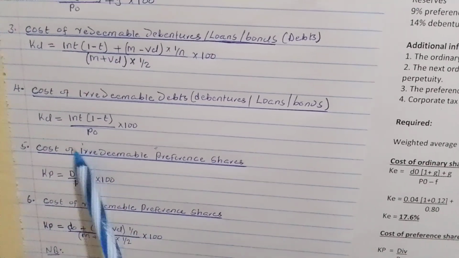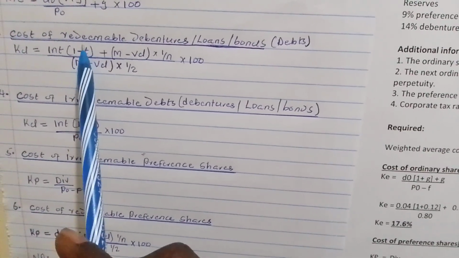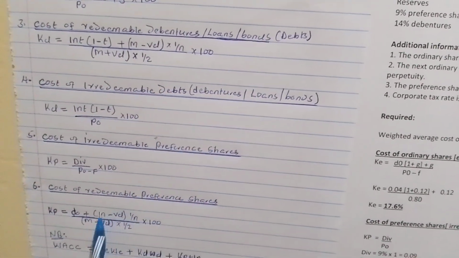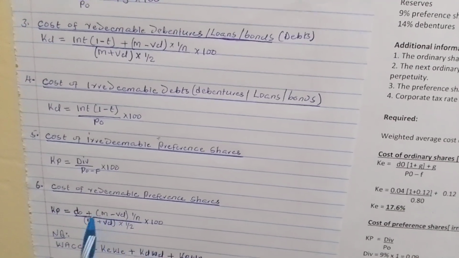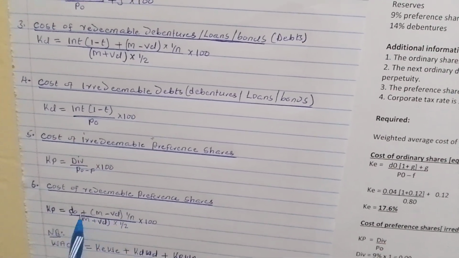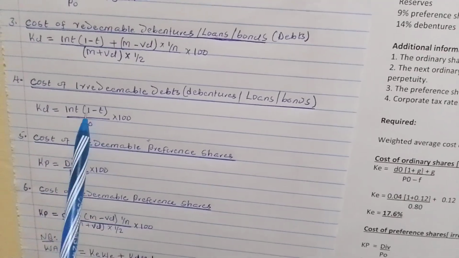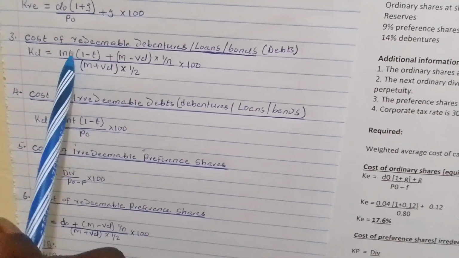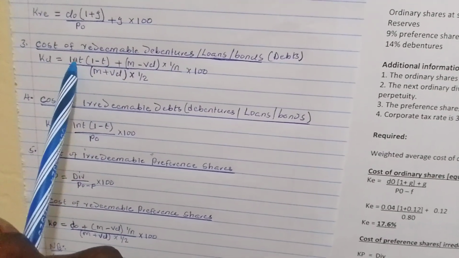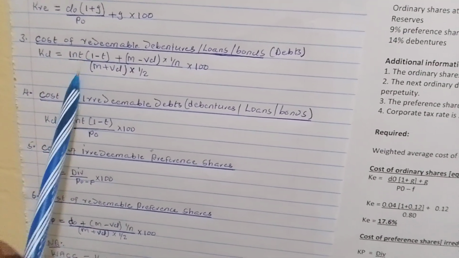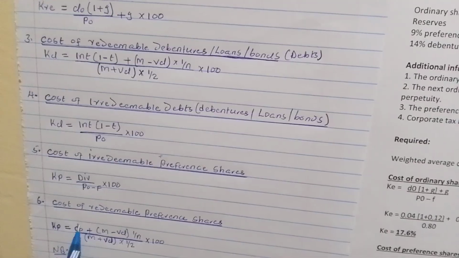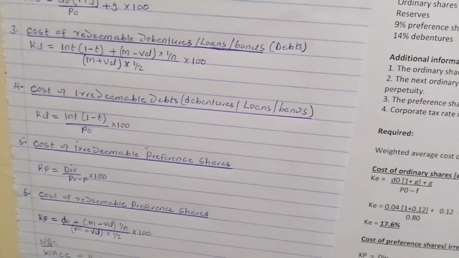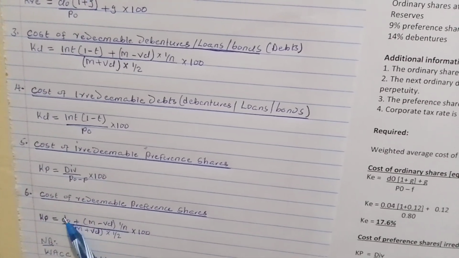If you have understood how to calculate the cost of debt for redeemable debentures or redeemable debts, then the cost of redeemable preference shares becomes very simple, because in place of interest here for cost of debts, we are talking about interest, because debt, what you pay is interest. But for shares, what you pay is dividends. That is why we are talking about dividends here.